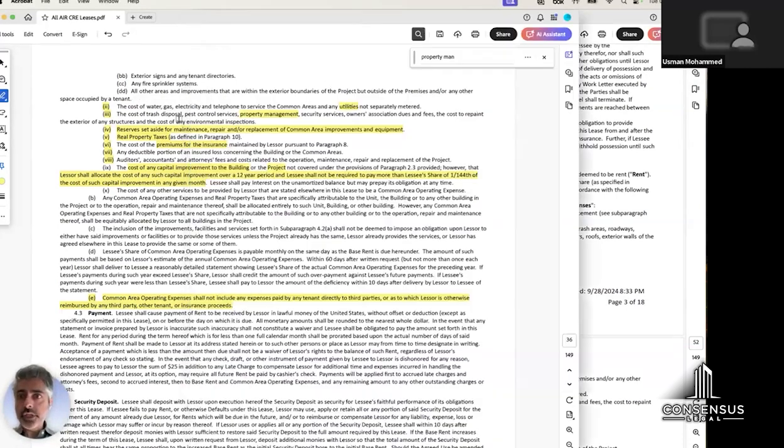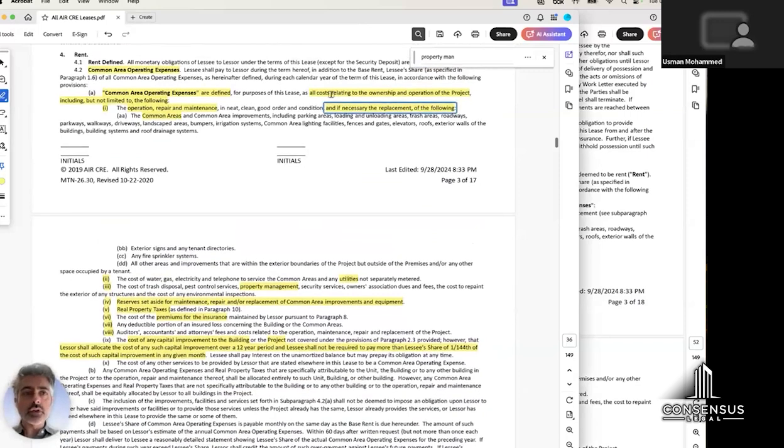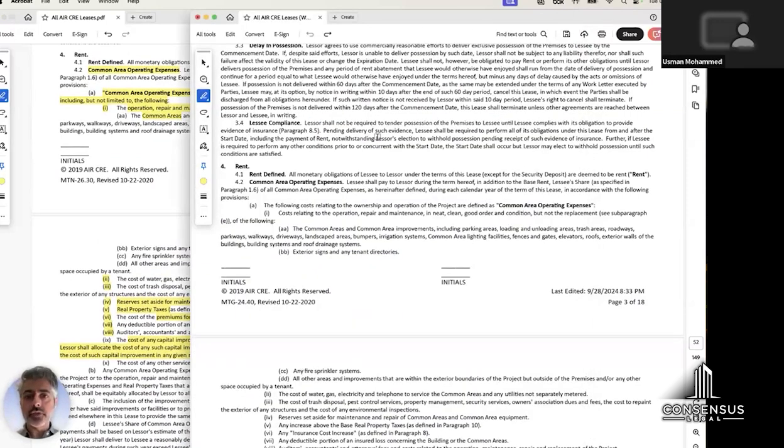Okay, so we talked about the gross lease in general, let me address that. The AIR CRE multi-tenant gross lease is what is often referred to as an industrial gross lease. So those three buckets we talked about: common area maintenance fees is the first bucket, property taxes is the second bucket, insurance expenses is the third bucket.